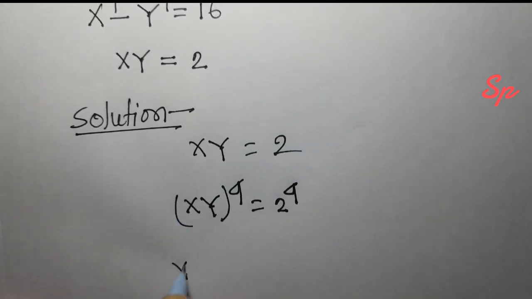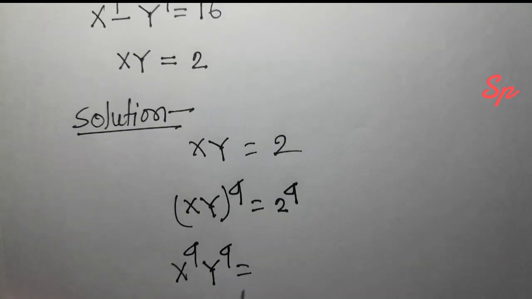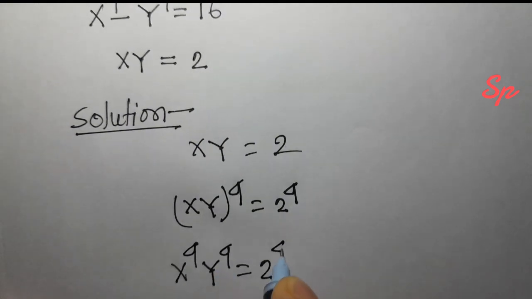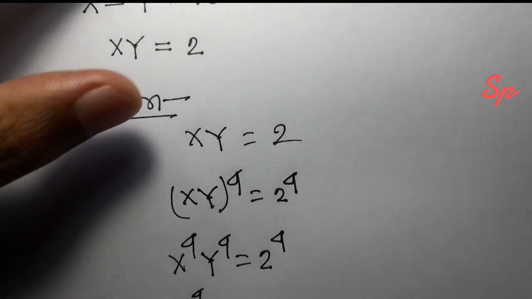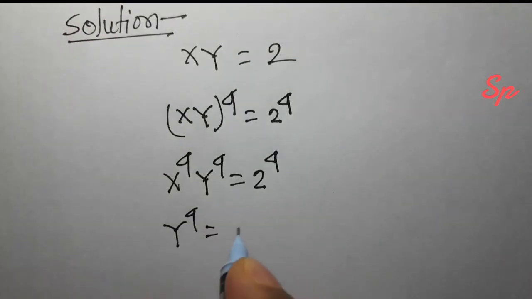So here we can write x to the power 4 y to the power 4 is equal to 16. Okay, then we can write y to the power 4 is equal to 16 by x to the power 4.